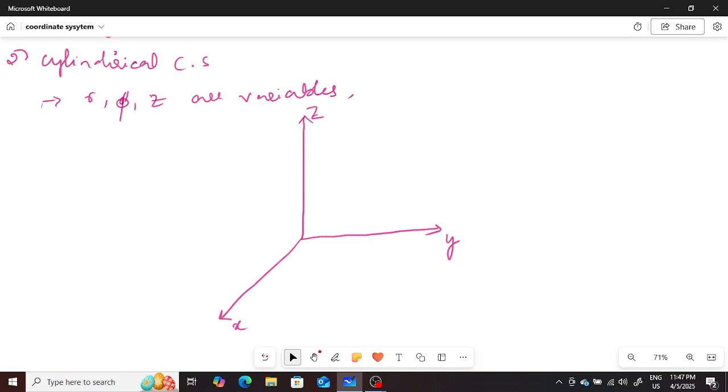The surfaces used to define the cylindrical coordinate system are the plane of constant z. Constant z means it is parallel to the xy plane, right?